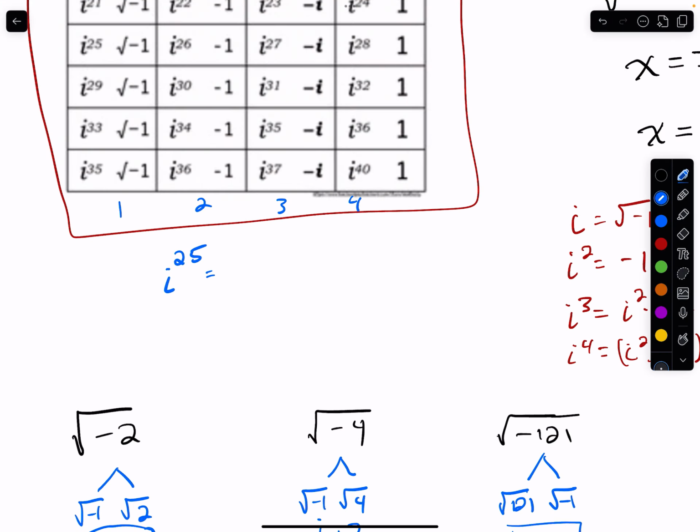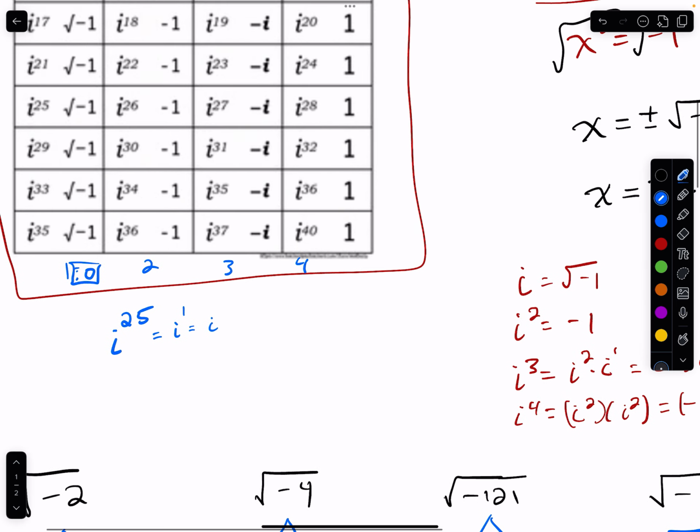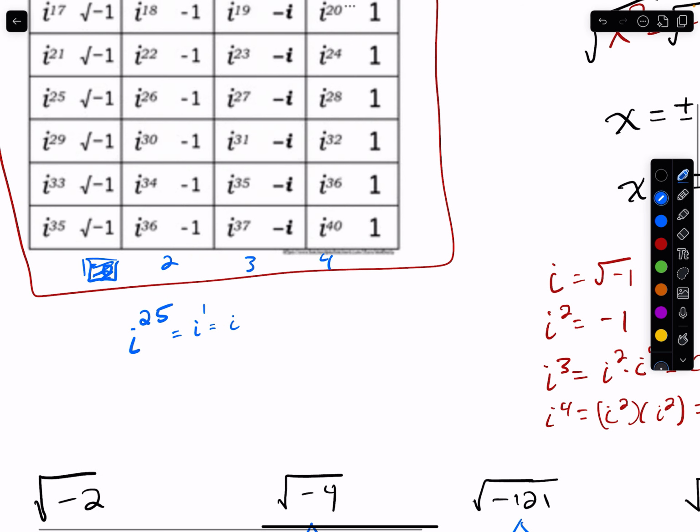So what that means is this is really i to the first power, which is really just i. Now, where did that 1 come from? The first column right here is represented by 0, like if we have a 0 as a remainder. The first column here is represented by 0.25, like i to the first power, 1/4 is one way to think about it.